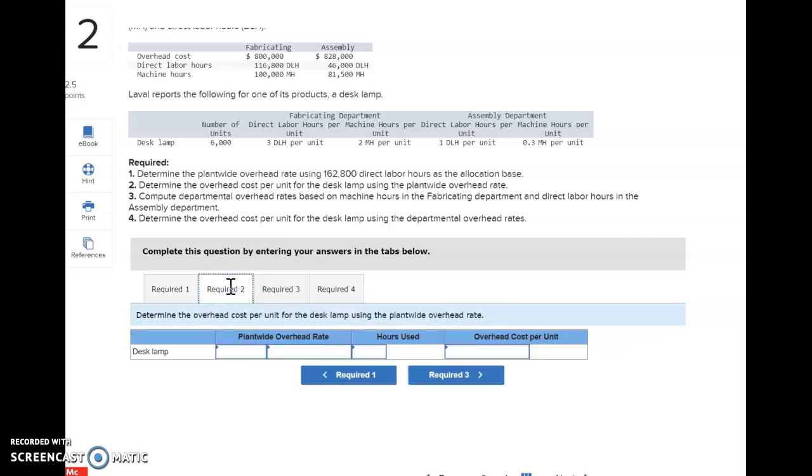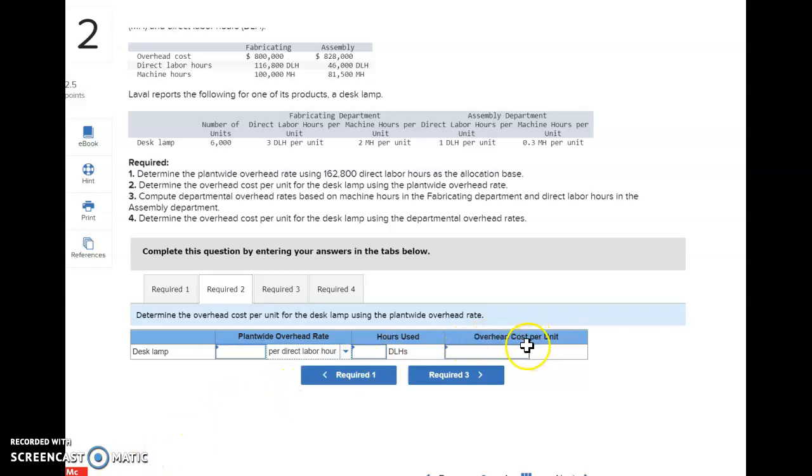And then requirement 2, you're going to use that plant-wide rate to allocate the overhead. So again, we can see that on page 130 in the textbook. So you'll use the plant-wide rate that you calculate in requirement 1, and that's going to be per direct labor hour. And then you'll multiply it by the hours used to make a desk lamp.